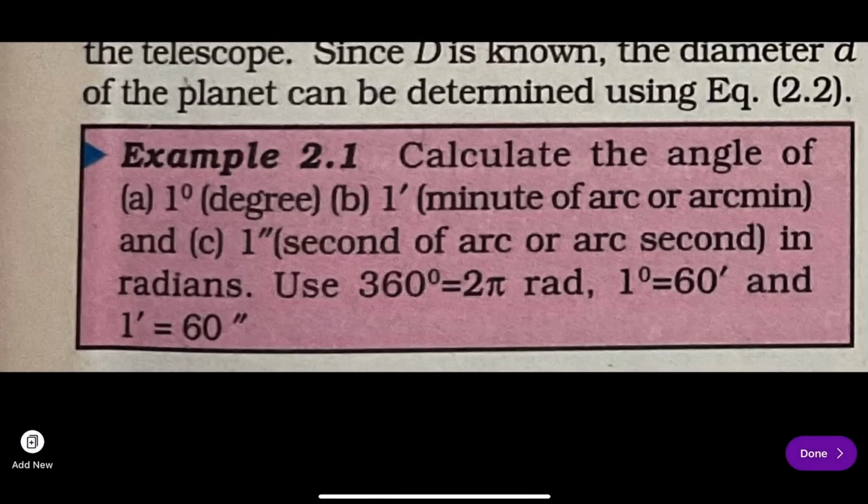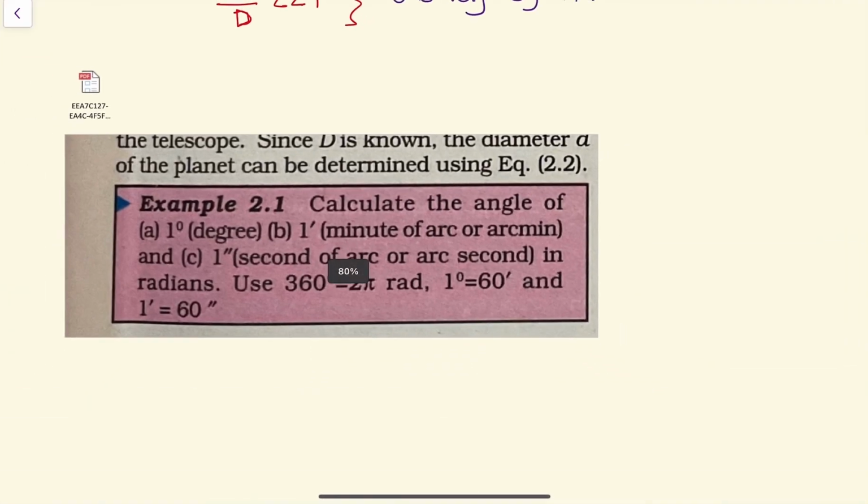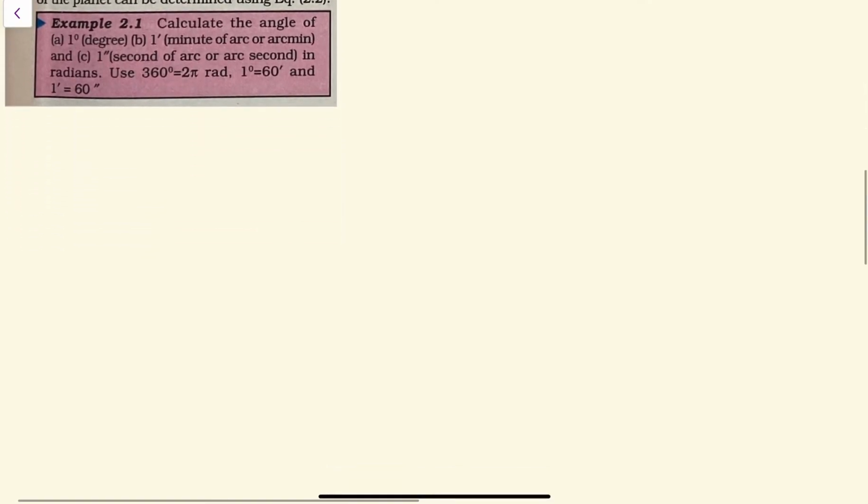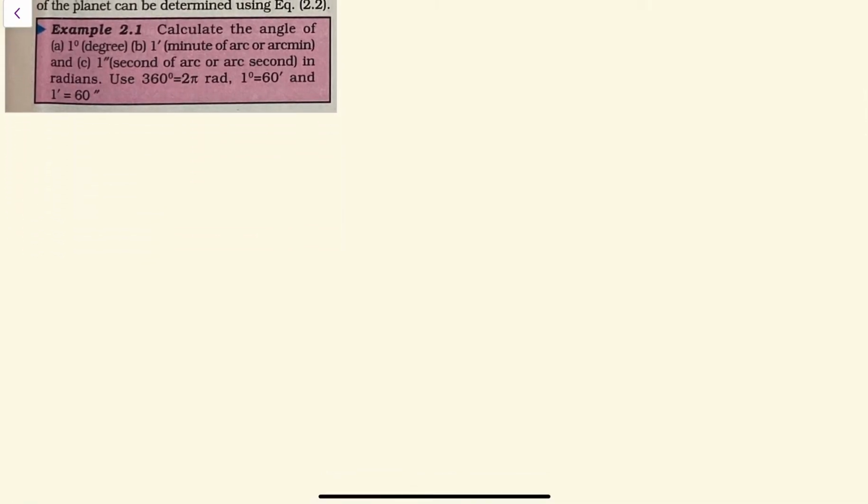We shall see the example problem first, then we can understand how to convert, and I'll also give some additional problems which we can solve. So this is the problem. Calculate the angle 1 degree, 1 minute, 1 second in radians. How many radians?